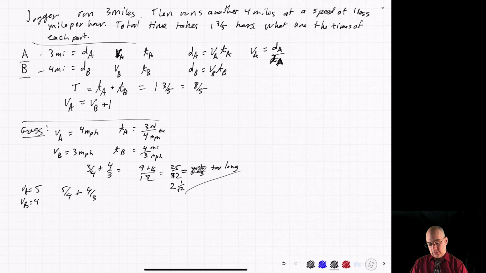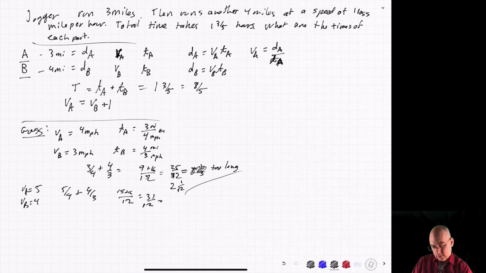And so, I guess everything's always over 12. Anyway, 12, 15, and 16. So 15 plus 16, or 31/12. Just getting worse.